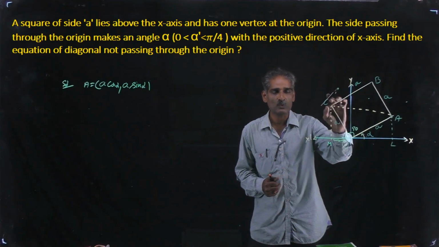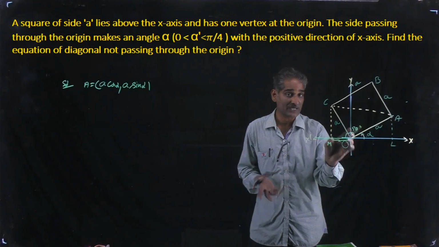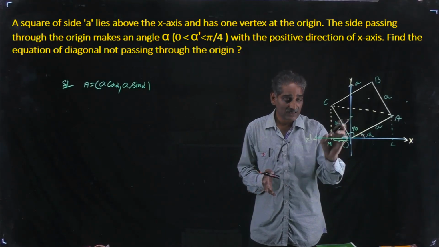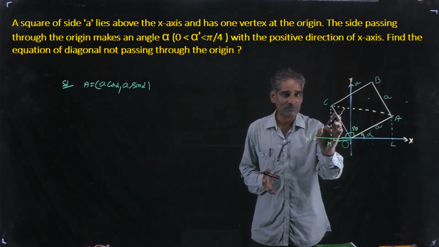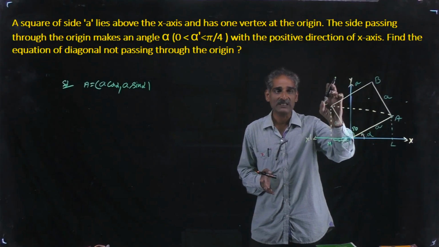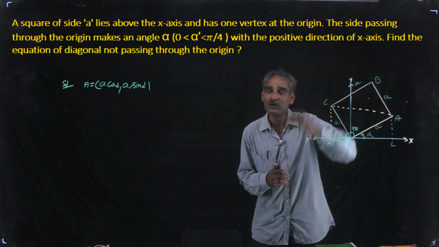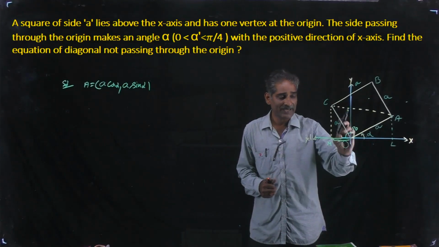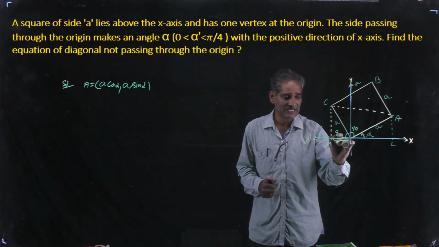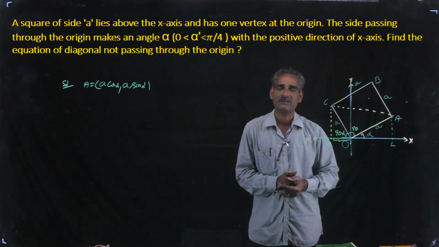We have to find the coordinates of this point. In magnitude the length is positive, but for the coordinates of C we have to write a negative value for the x coordinate. The angle here is 90 minus alpha.